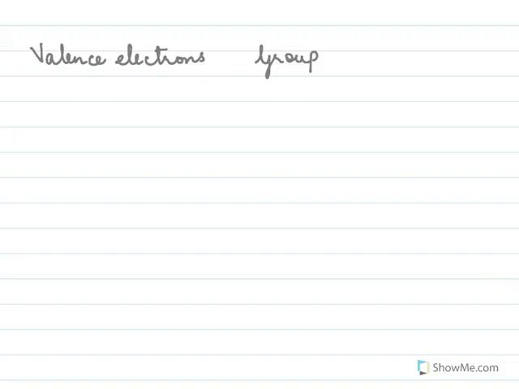So now let's just summarize the relationship between valence electrons and group. If it's got one valence electron, it will belong to group 1. If an atom has got 2 valence electrons, it belongs to group 2. Now, if it has got 3 valence electrons, it belongs to group 10 plus 3, and that is 13.